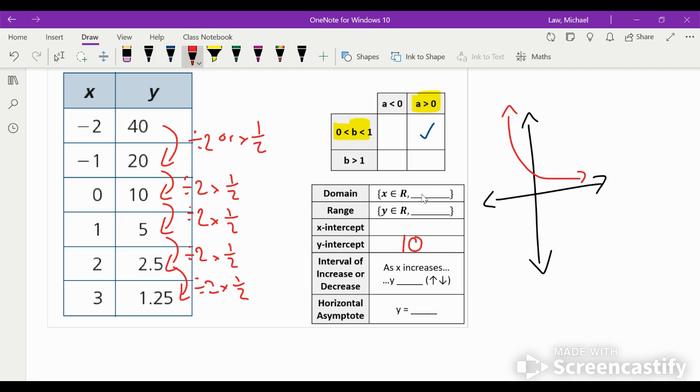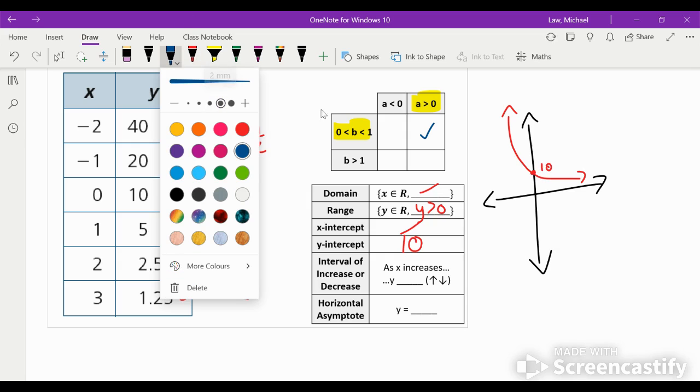So the domain, x is an element of the real numbers, nothing to say here. For the range, y has to be greater than 0. There are no x-intercepts. The y-intercept, we already discovered it to be 10. So you could just, on your diagram, make a little sketch that the y-intercept is 10.